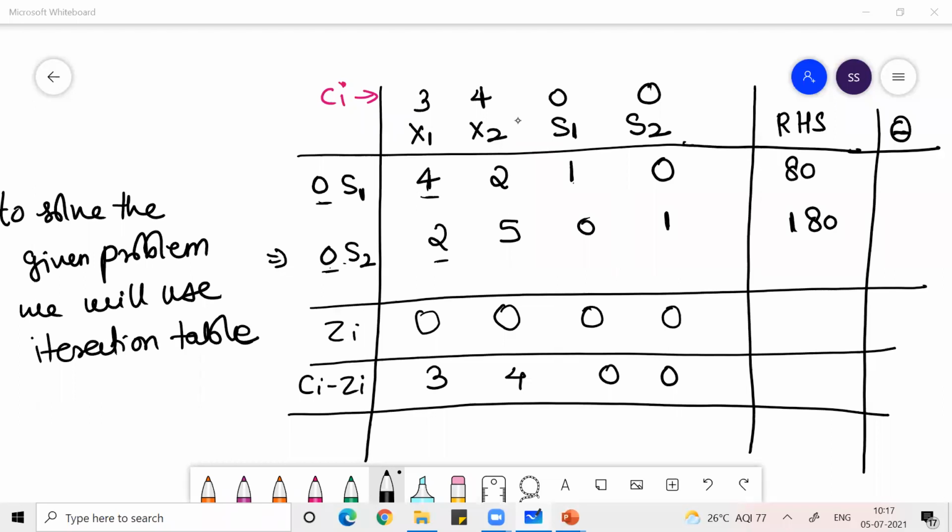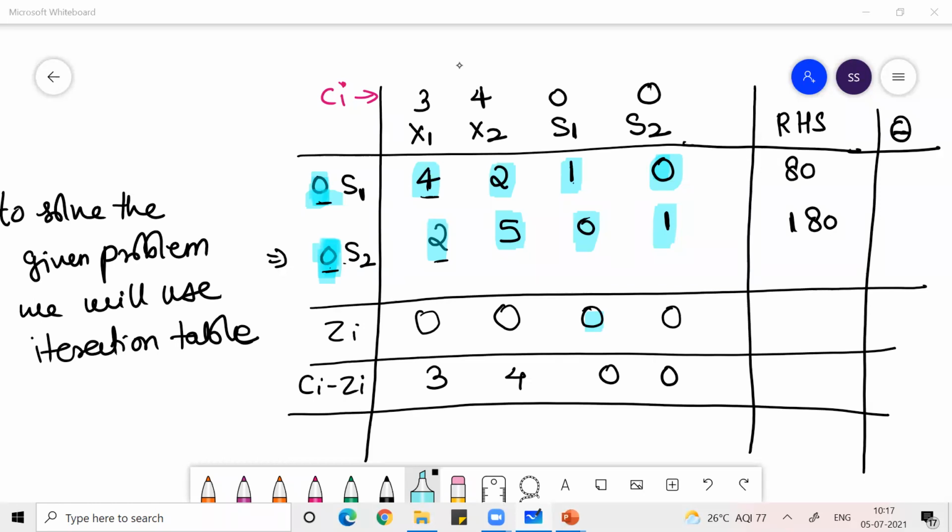Zi is the sum product of these values, guys. So 0 into 4 plus 0 into 2, 0 into 2 plus 0 into 5, 0 into 1 plus 0 into 0, 0 into 0 plus 0 into 1.